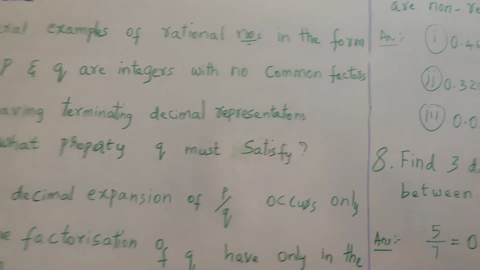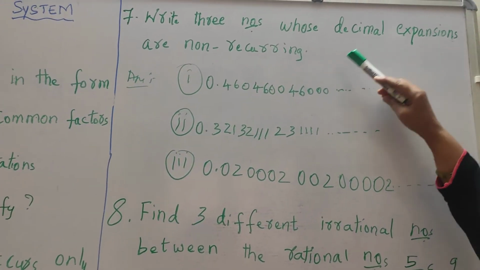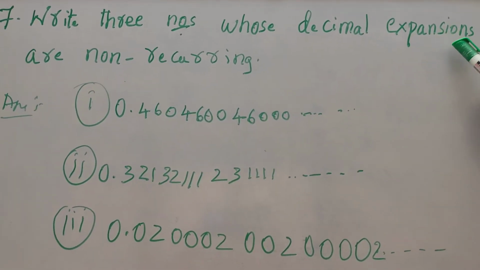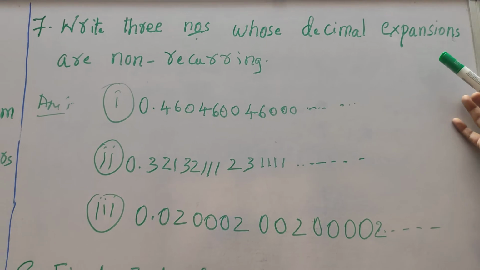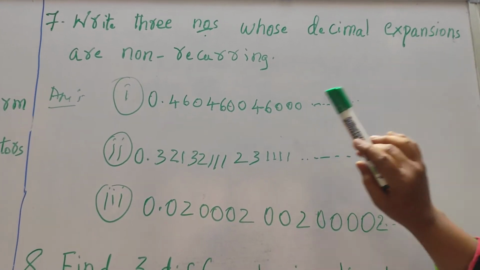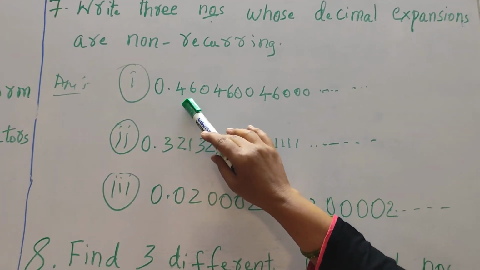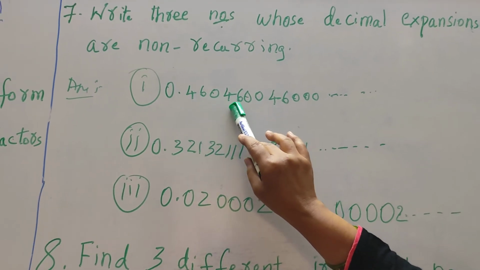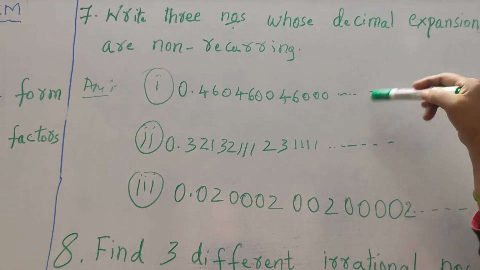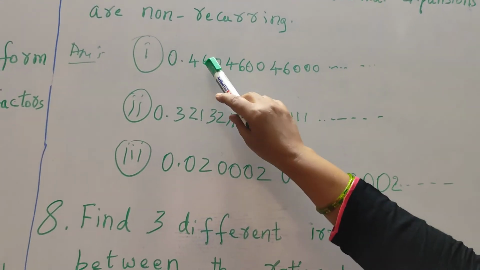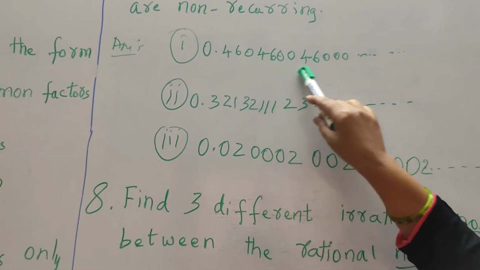Okay. Now let us come to question number 7. Write 3 numbers whose decimal expansions are non-recurring. So he is asking you to write non-recurring decimals. You can give any example. I have given here 0.460, 4600, 46000. Like that you can go on increasing the number of zeros so that the recurring decimal is not the same. Okay.